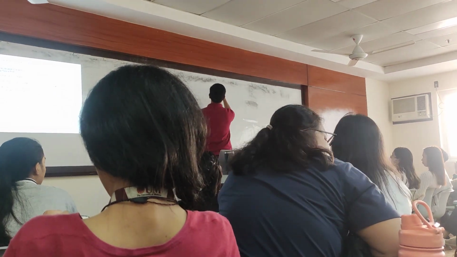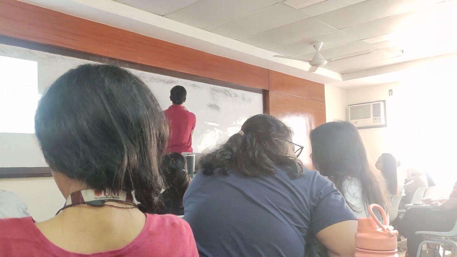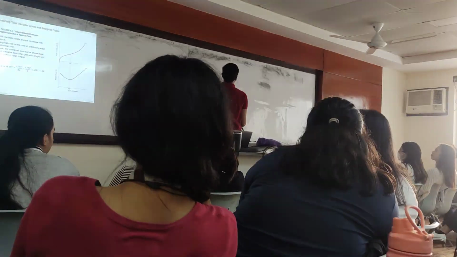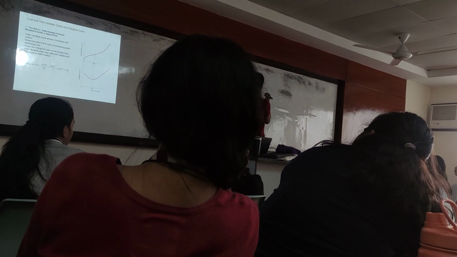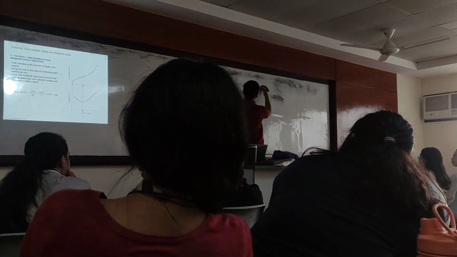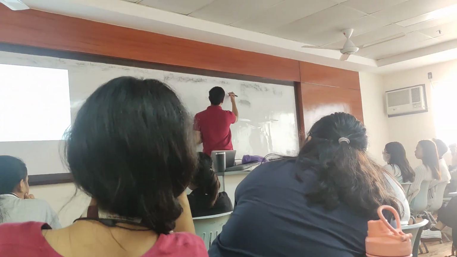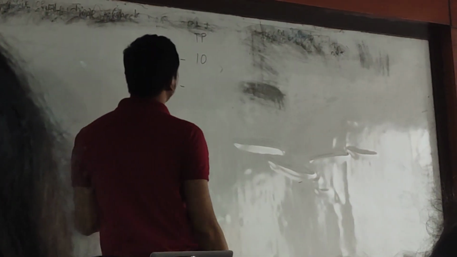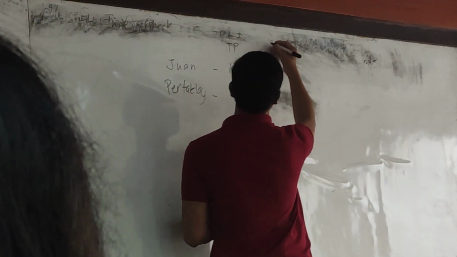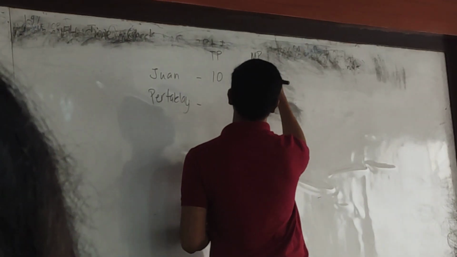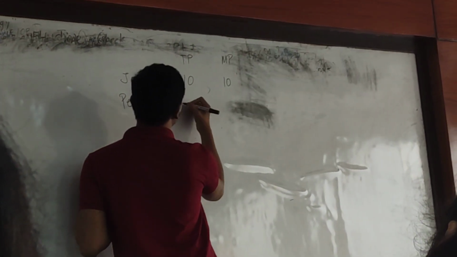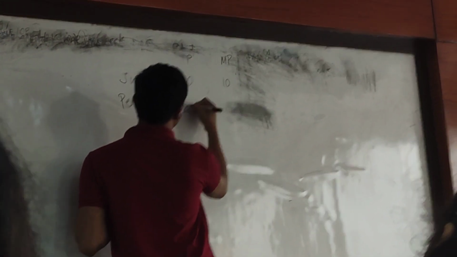So let's just say Juan, you hired Juan, he was able to produce 10 total product. The marginal product, let's say 10. Now, both of them were able to produce, let's say 25.